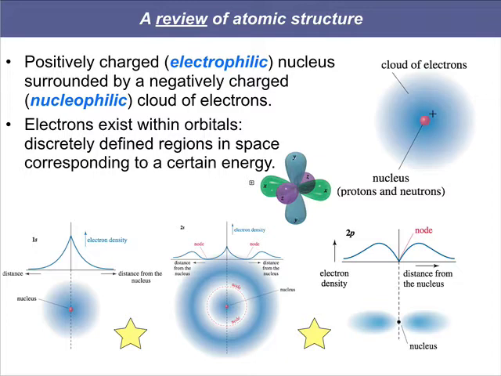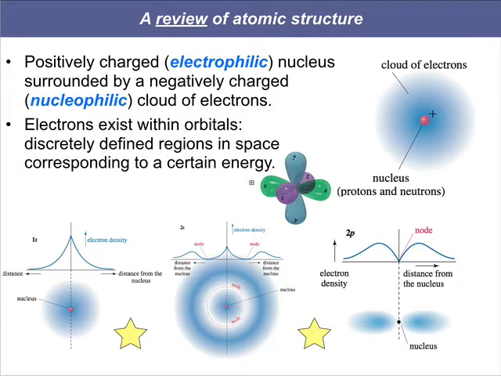I have two new terms on the slide here that you probably aren't familiar with. The first one is electrophilic. Something that is electrophilic, you can break down that word, is a lover of electrons. Something that is positively charged is electrophilic. That's the term we're going to use because it is attracted to negative charge. So the nucleus, we could say, is electrophilic.